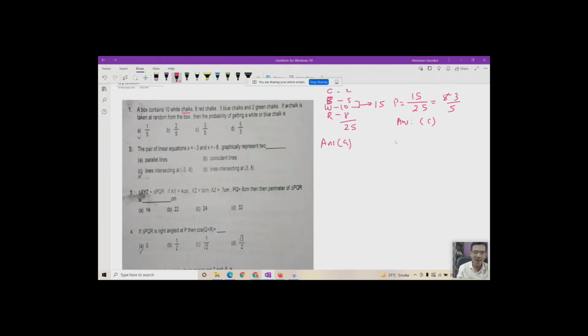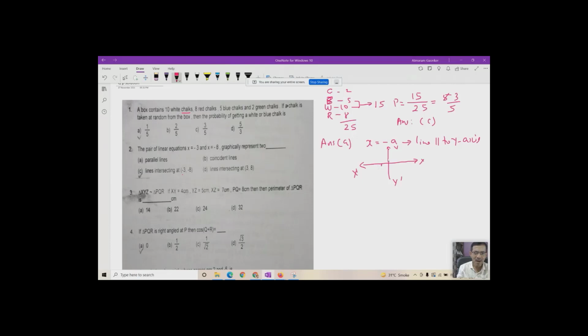If I show it graphically, this is of the type x is equal to minus a, and x is equal to minus a is a line parallel to the y-axis. Both lines are parallel to the y-axis, so they represent parallel lines. On the graph, this is x, x dash, this is y and y dash.